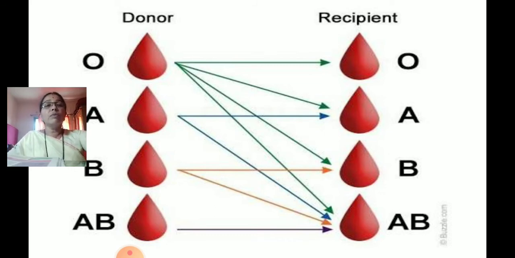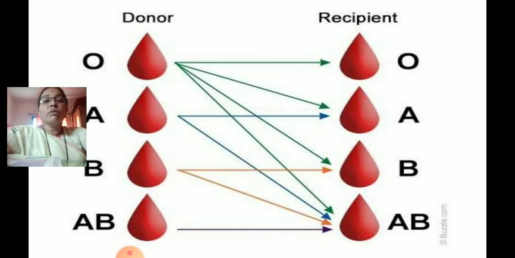Got that? So if by chance an accident takes place and a person requires blood from a particular donor only, the person with blood group O can donate his or her blood to any recipient.